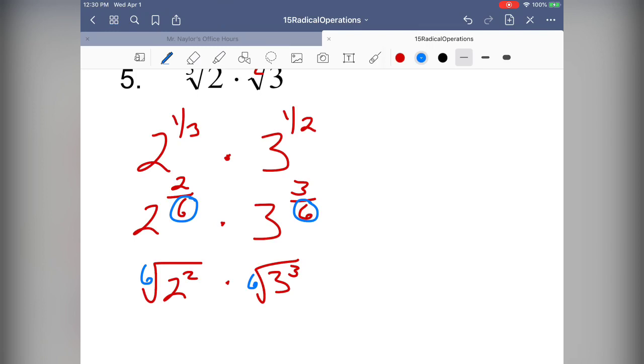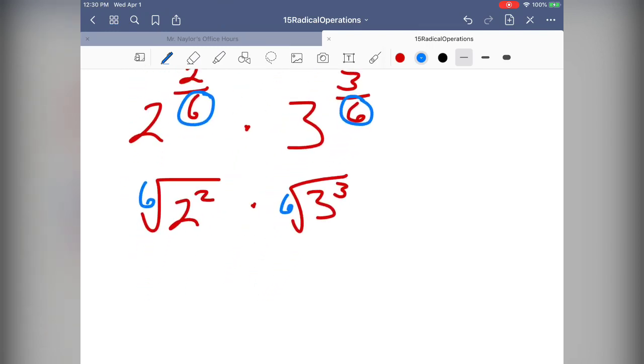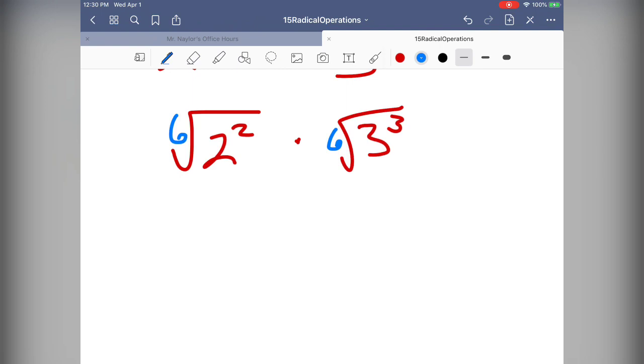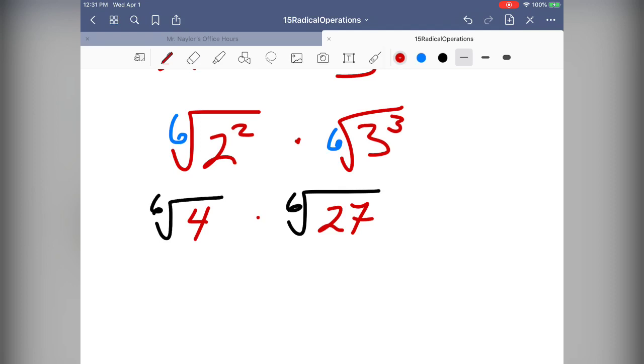So notice that we're changing back to radical form because now we have the same index. Now, by the way, the 2 squared is the same as 4, and of course 3 cubed is the same as 27. I'm doing a little bit of math because ultimately now I have permission to multiply under these radicals. I can multiply 4 times 27 and end up with 108.